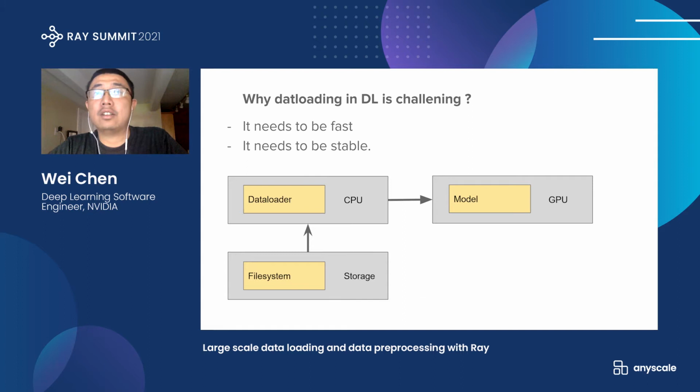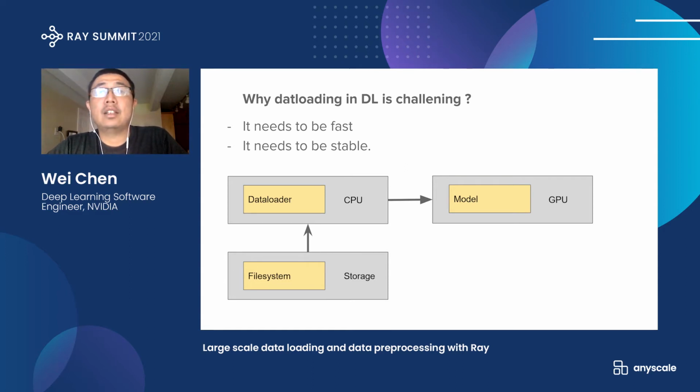It involves a lot of system components. Like, the features and labels usually are stored on a file system, so they need to be loaded from the storage and sent to the CPU. The processing part needs to run on the CPU.